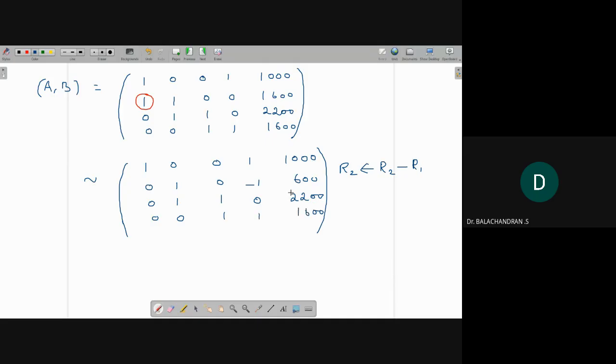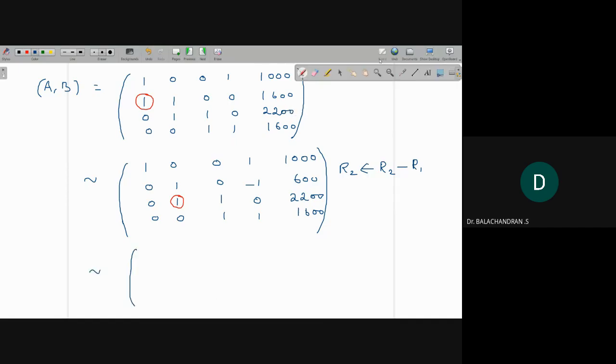Okay. So next I want to make this element 0. So this is equivalent to first row 1, 0, 0, 1, 1000. Second row as it is, 0, 1, 0, minus 1, 600.